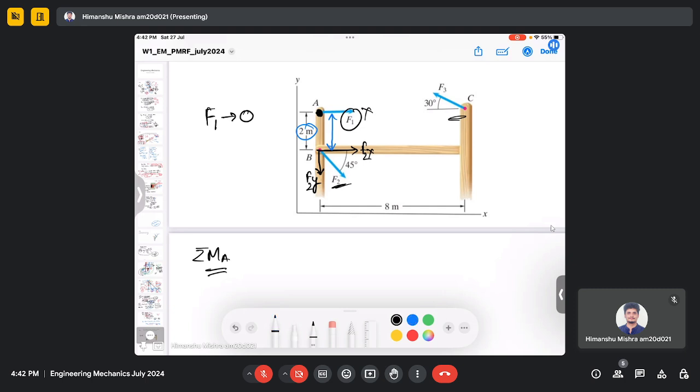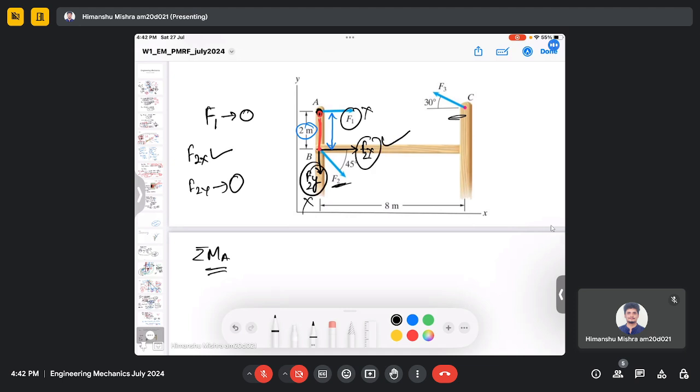So there will be a contribution to the moment from F2x, but there is no perpendicular distance from F2y to point A. It's a parallel distance, not a perpendicular distance. So from force F2y, the contribution to the moment is 0. The moment will occur due to F2x only.